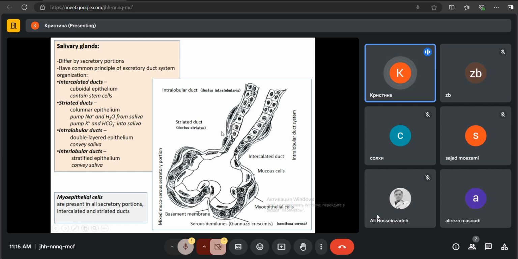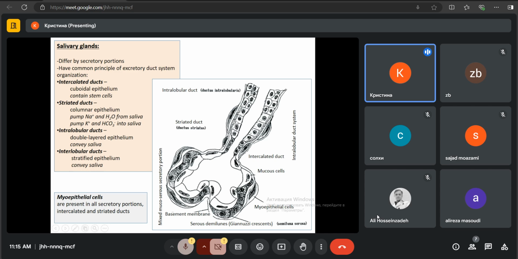The first duct, which comes just after the secretory portion, is the smallest one, called intercalated. It is composed of small cuboidal cells and myoepithelial cells, and these ducts contain stem cells for both secretory portions and ducts.